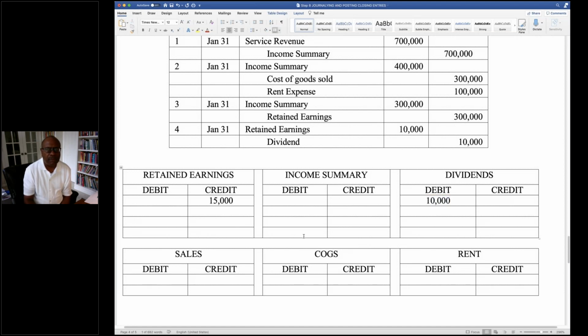The sales were 700,000, so we've got 700 in the account now.